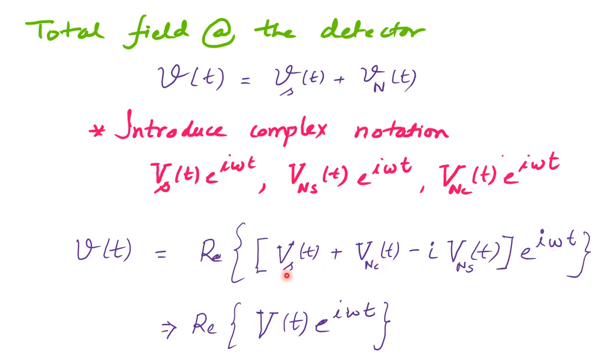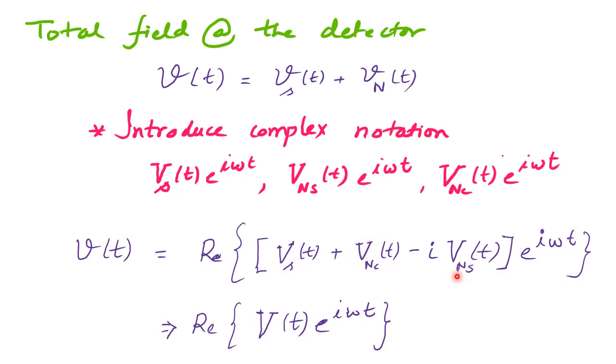This is the same as what I wrote on the top, and it is simply the real part of these complex quantities added together. Now remember, Vs of t times exponential I omega t, its real part is the cosine. Similarly, Vnc is the in phase component of the noise, which again is cosine omega t.